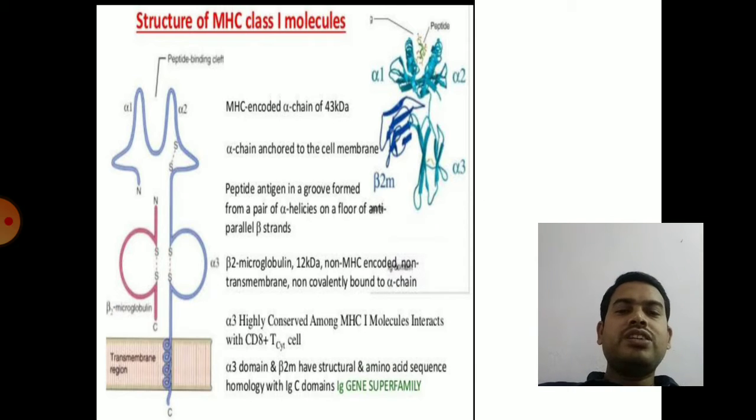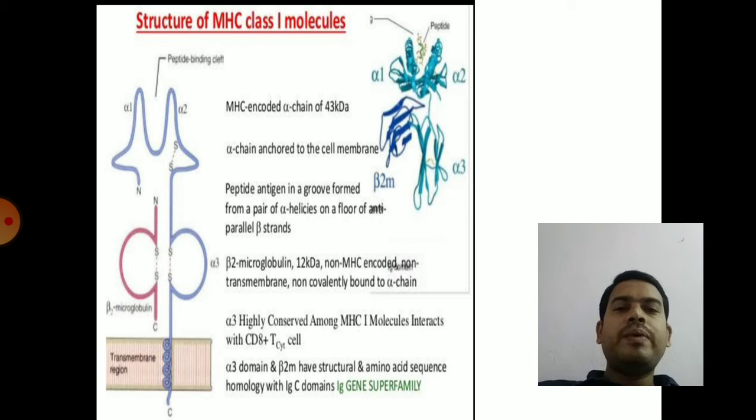If you see the structure of class 1 MHC molecule, you can clearly see the alpha chain, which is 43 kilodalton. It is a single transmembrane alpha chain. You can clearly see a single chain coming from the transmembrane region containing the loops alpha 1, alpha 2 and alpha 3 and an intrachain disulfide bond.